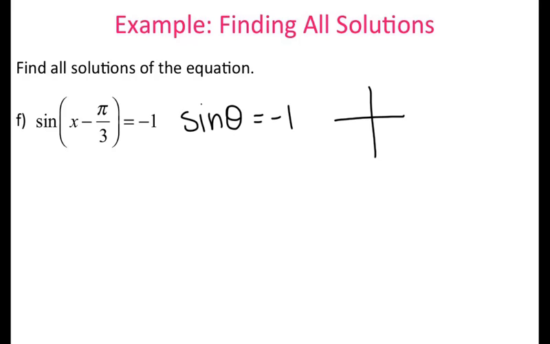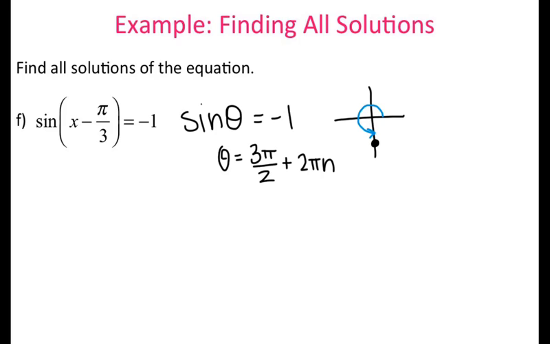Your y-coordinate is -1 down here, and so the measure of that angle all the way around is 3 pi over 2. So that gives me theta equals 3 pi over 2 plus 2 pi n, just like we were doing with day 1.